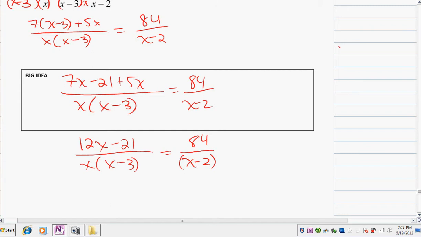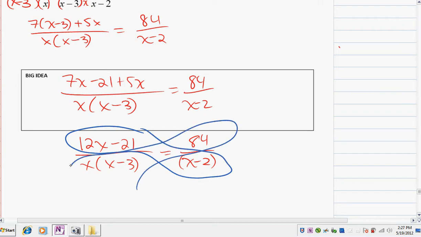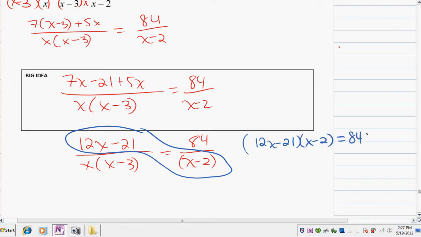So one of the common methods people know here is cross multiply, which basically is just a simplification method. And so when I cross multiply, I get 12x minus 21 times x minus 2 is equal to 84 times x squared minus 3x.